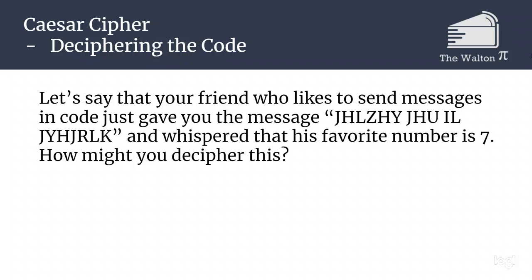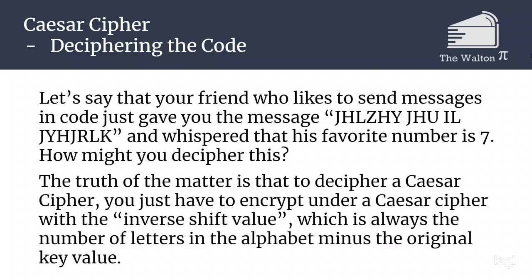Now, the way that we can go about and decrypt a Caesar cipher is actually just a Caesar cipher with a different key. So if we were adding 7 to every number to be able to encrypt the message, to decrypt, we would want to subtract 7. Or, if we are doing this modulo 26, we can add 26 minus 7.